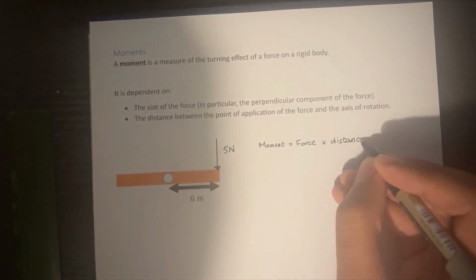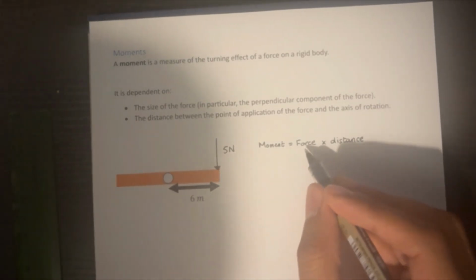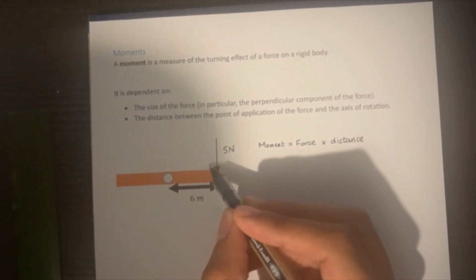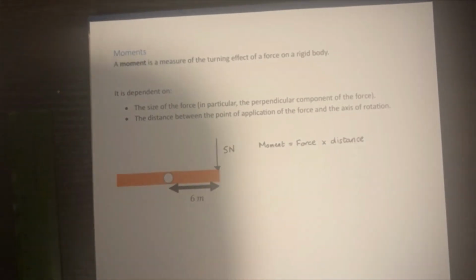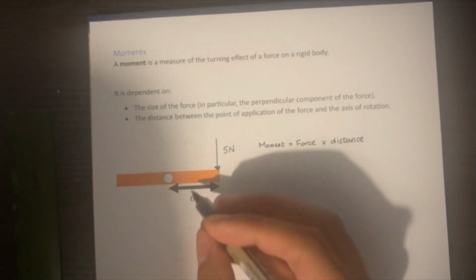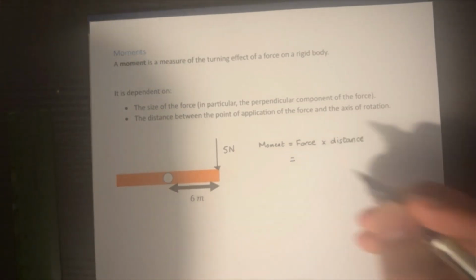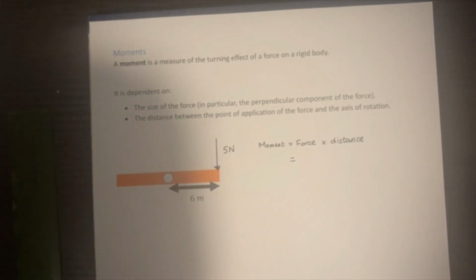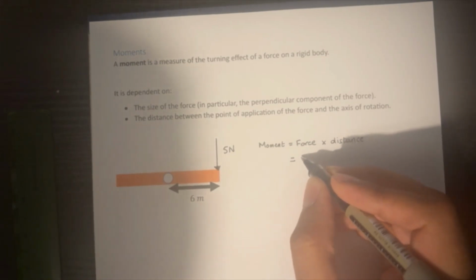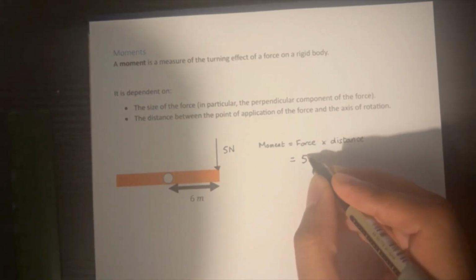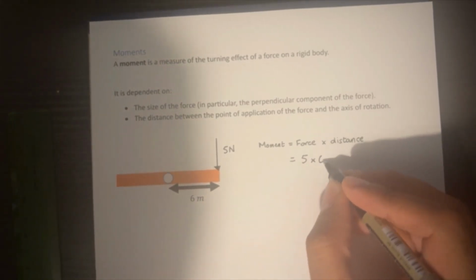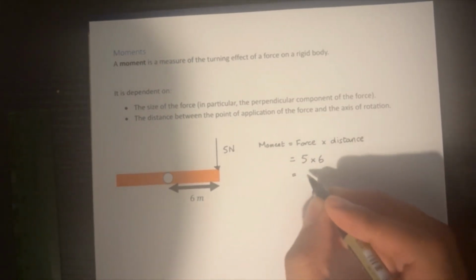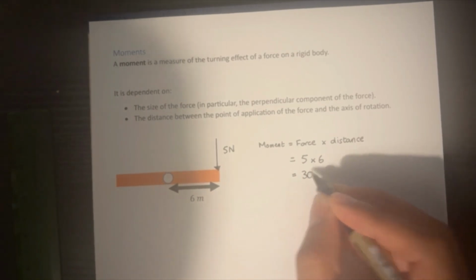And when we're talking about that force, we're talking in particular about the force acting perpendicular to our rigid body. So in this instance, our moment is simply going to be the force, which is 5, multiplied by the distance, which is 6, and that is going to give us 30.